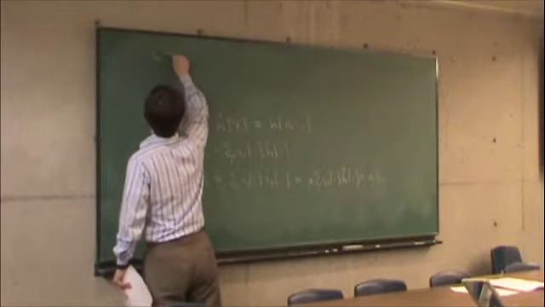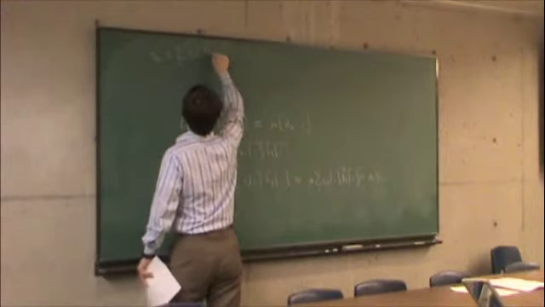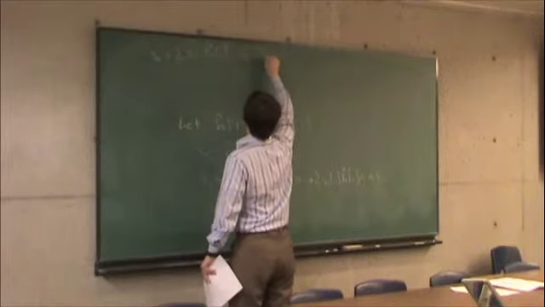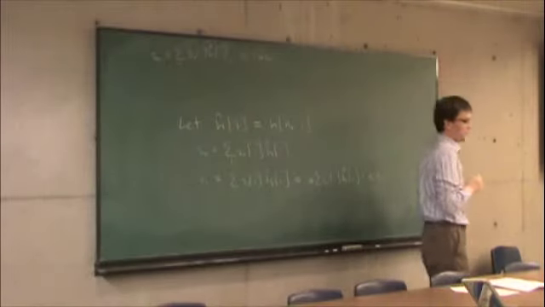S0 is the sum over i of S0 of i, h hat of i. S1 is alpha S0. And what's the third thing we need?